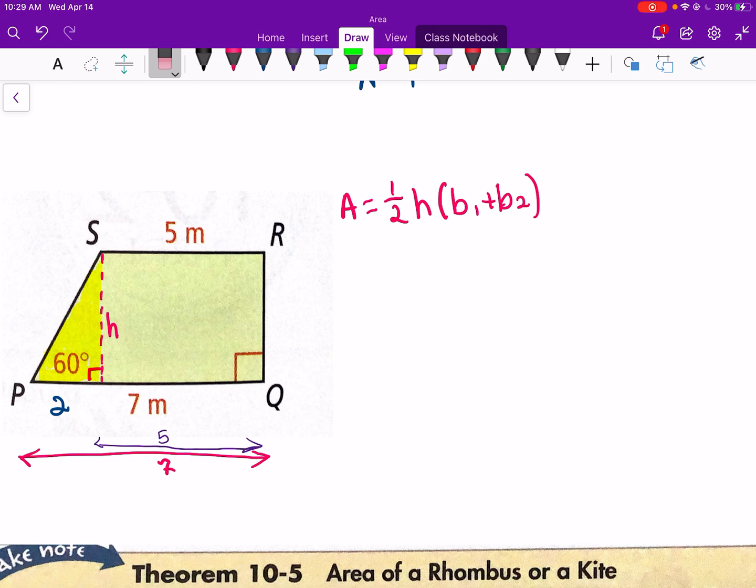So again, you can use the special right triangles formulas if you know how to use them, the 30, 60, 90 triangles. I'm going to go ahead and use SOHCAHTOA. Since we have the opposite side and the adjacent side, we are going to use tangent. We'll go ahead and write SOHCAHTOA up here as well.